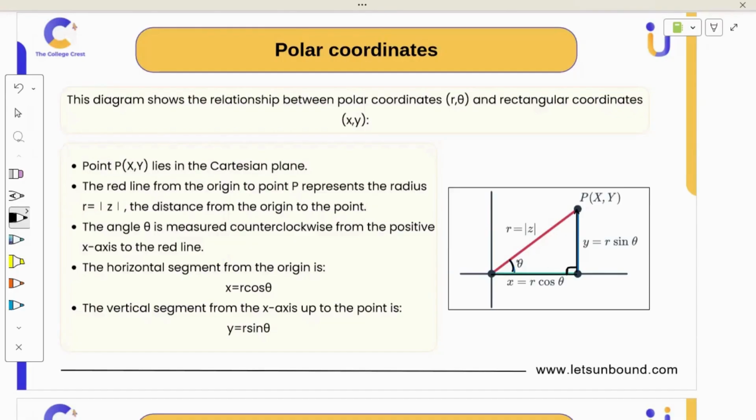If this is theta, this is x and this is y, we know this already: x is r cos theta, y is r sin theta, and this is your radius r, the horizontal segment from the origin. We will use these for converting from rectangular to polar coordinates or polar to rectangular coordinates. They are interrelated, and we are just showing how they are related here.